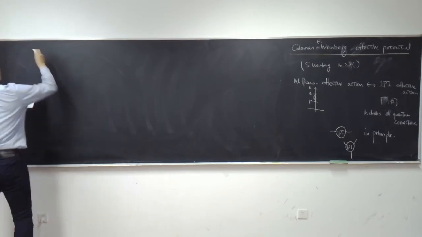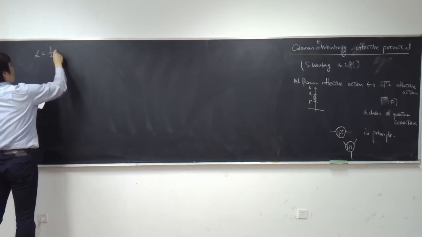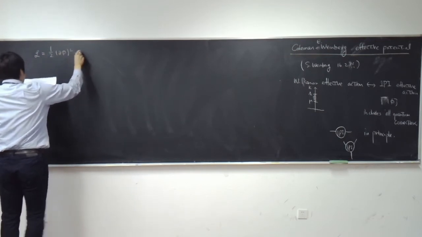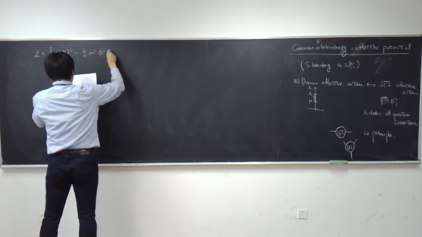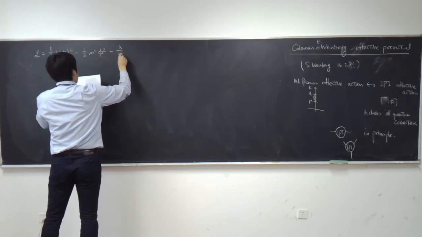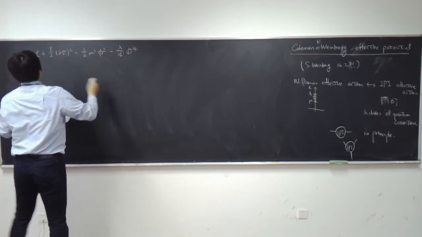So we start with the Lagrangian of phi-4 theory, which we have already seen many times. This is the Lagrangian.